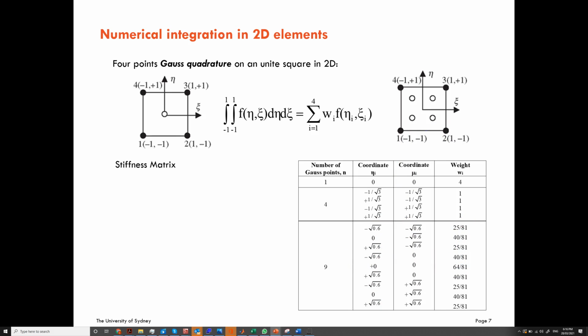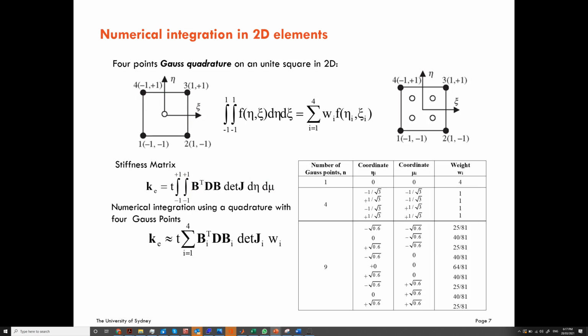So the stiffness matrix, this is the integral that we wanted to calculate over this master element. The numerical integration using 4 Gauss points converts this integral into this sum.